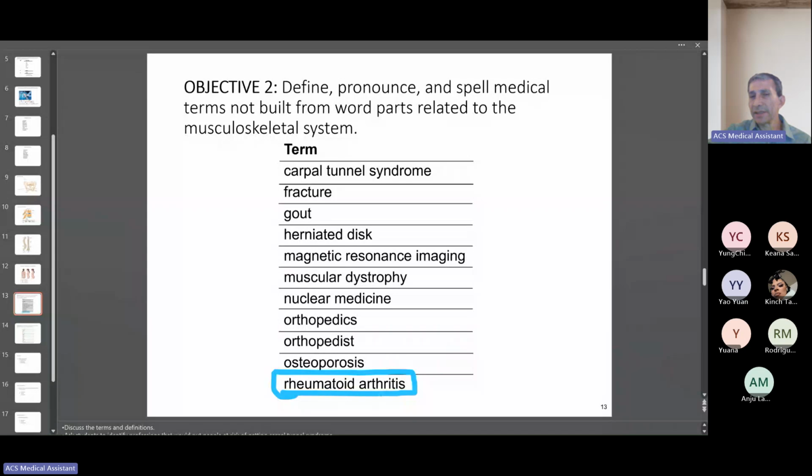So rheumatoid arthritis is a different type of arthritis which comes with inflammation of the joints of the fingers. When you see a finger, normally you have a finger with the nail and your little bones. Now, when you have rheumatoid arthritis, you're gonna have a bulging right here where you have the articulation.